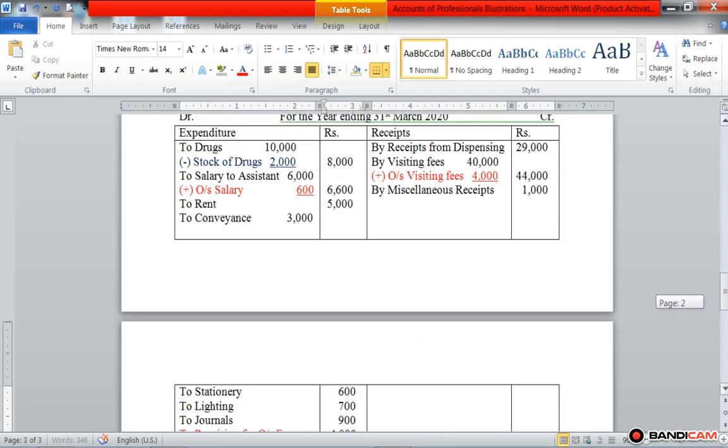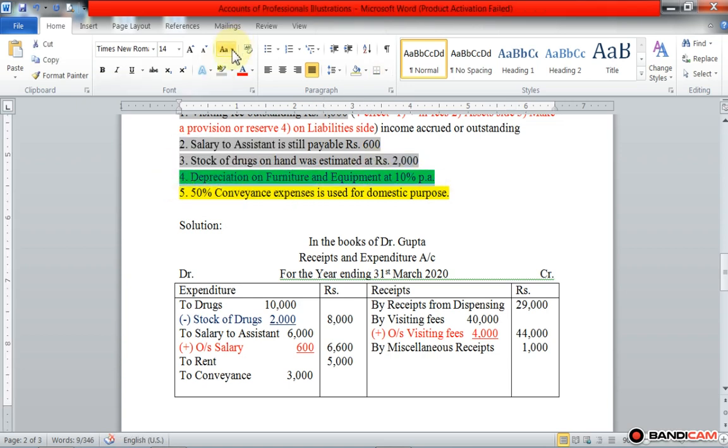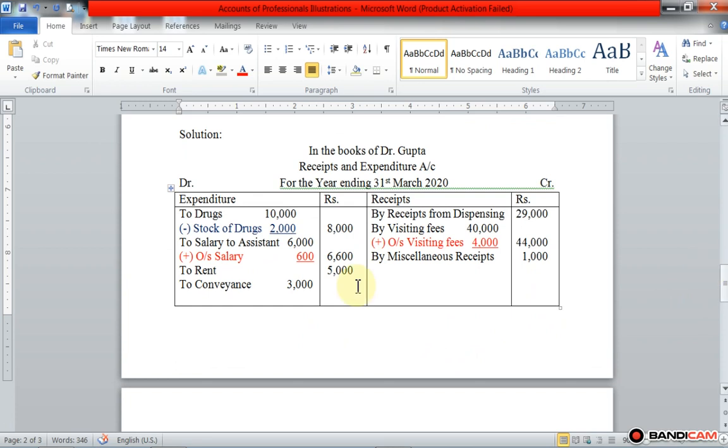Now the last additional information. Here we give the effect of depreciation. Now we solve the last additional information, that is 50% of the conveyance expense is relating to domestic use or domestic purpose.